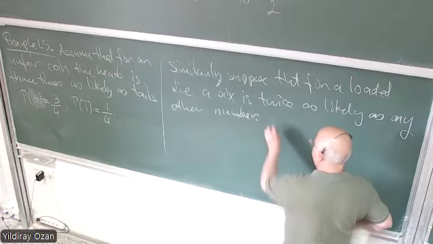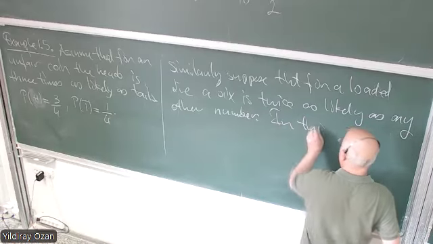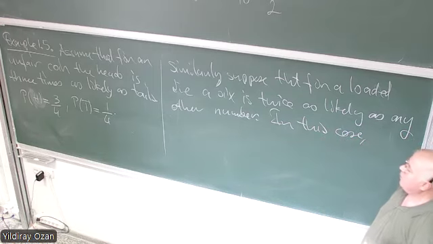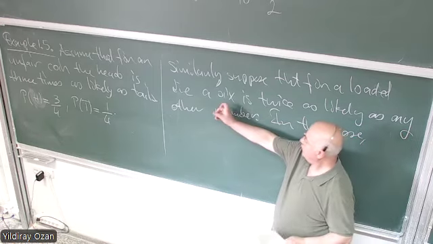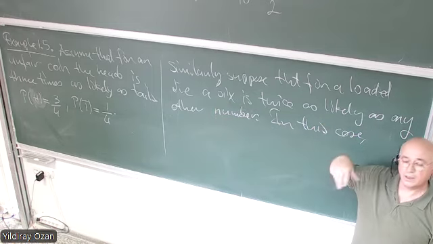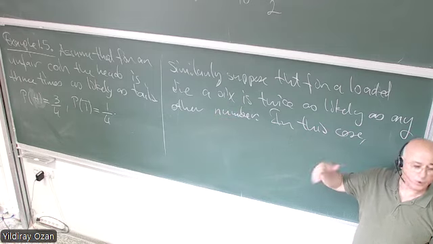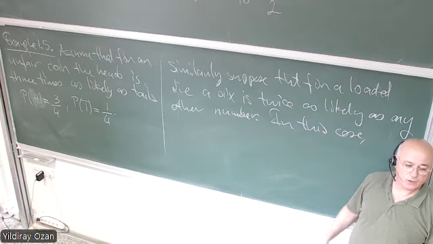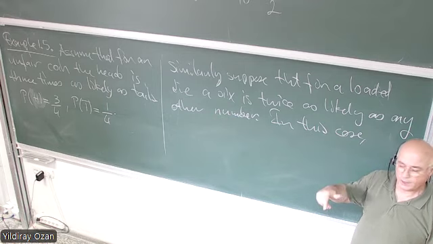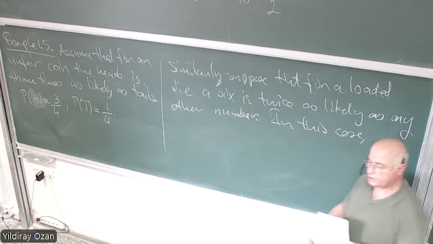Of course, in this case, what happens? If you just think for a moment, the probability that 6 comes is twice the probability of any other number. So it should be 2/7, and the rest will be 1/7.